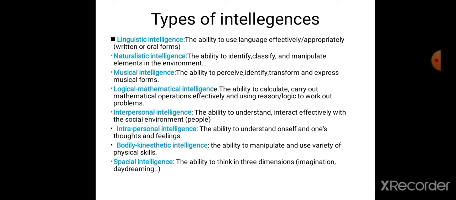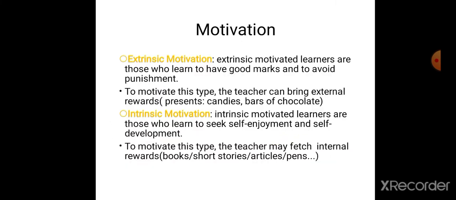So let's move to the last issue within classroom management: motivation. This is a key point. How can the teacher motivate his or her students? There are types of motivations, types of students.